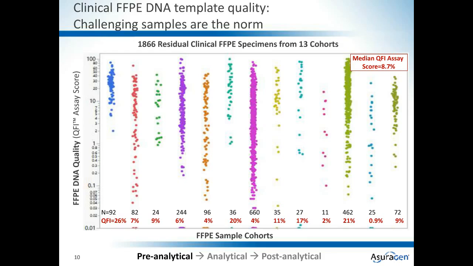The first conclusion is that FFPE DNA is generally of low quality. So the median QFI assay score here is less than 10%. The second conclusion is that there's a broad range of quality, and it can vary by as much as 25-fold from cohort to cohort. For example, this cohort represents relatively high quality for an FFPE sample with a QFI assay score of 26%, whereas this cohort represents a much lower score of less than 1%.